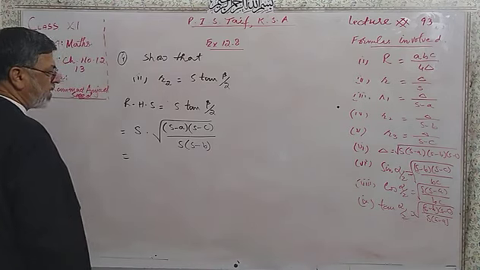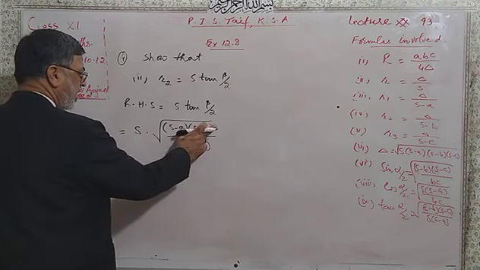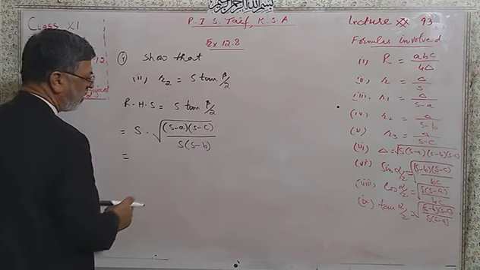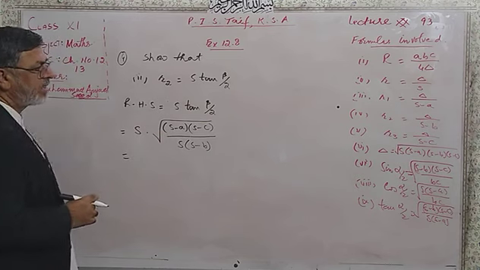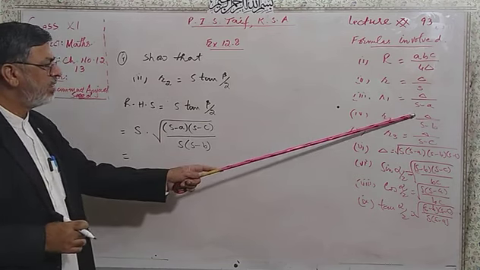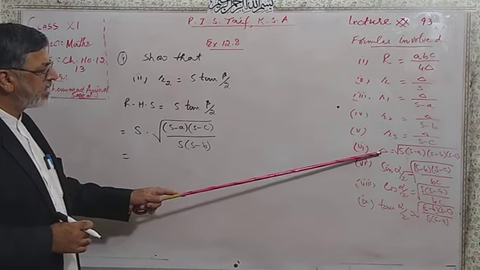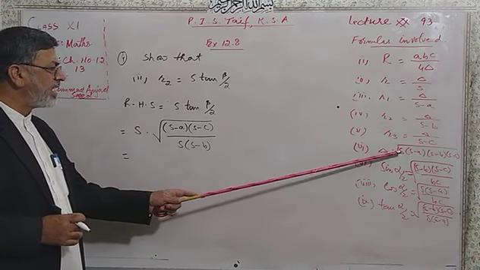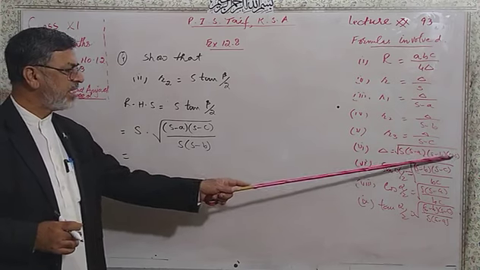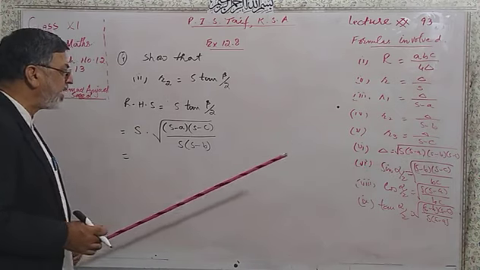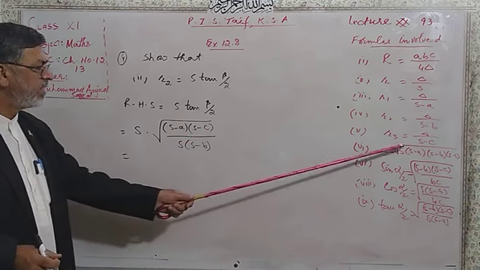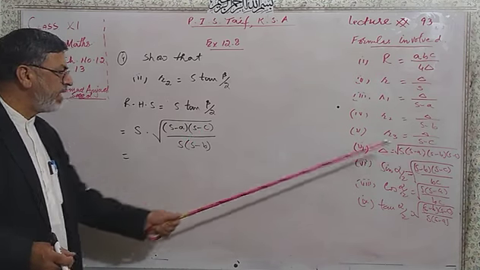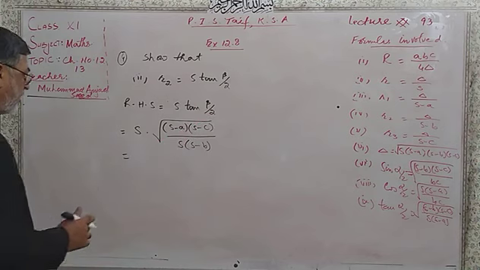Dear students, you can check in the numerator of this fraction what is missing to get this delta. Definitely you know that delta is equal to the square root of S into S minus A, S minus B, S minus C. It means that S into S minus B is missing here in the numerator.